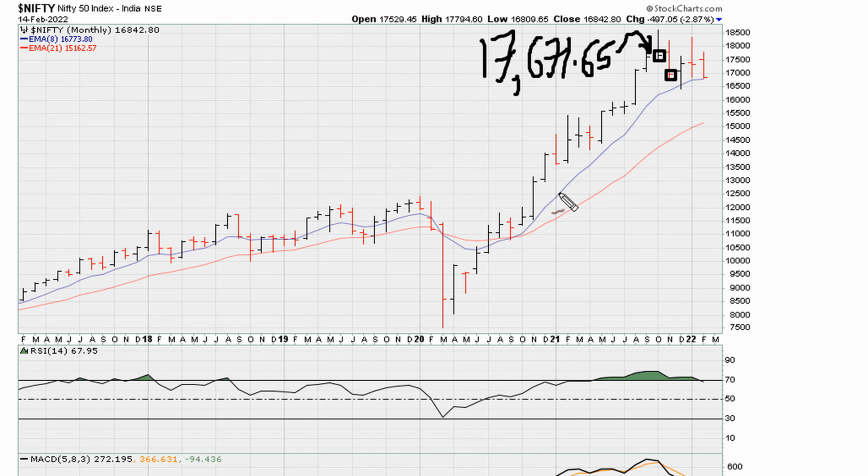And then we have November's monthly closing low at 16,983.20, which is this close right here.